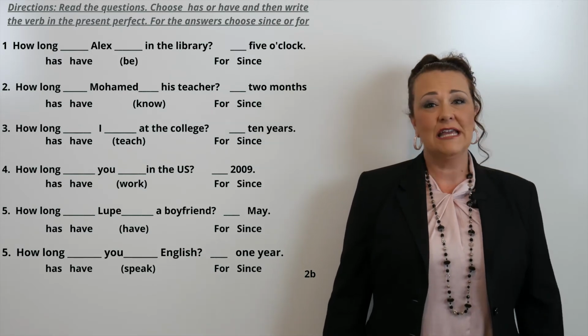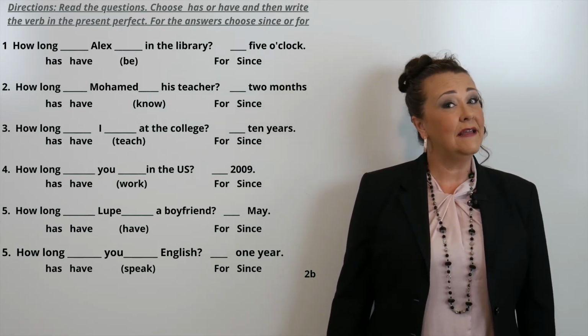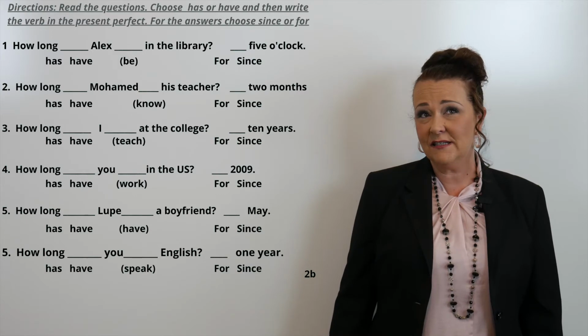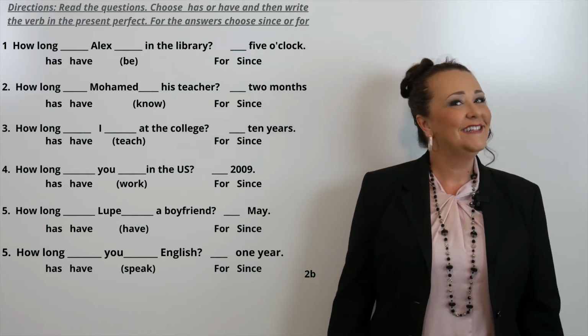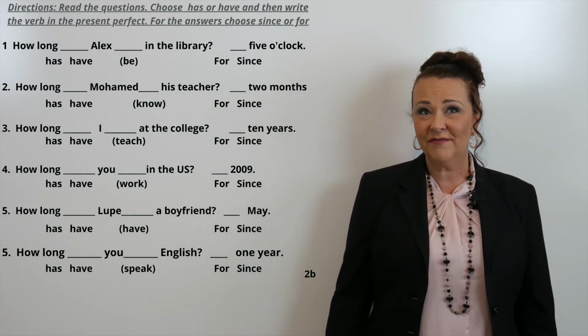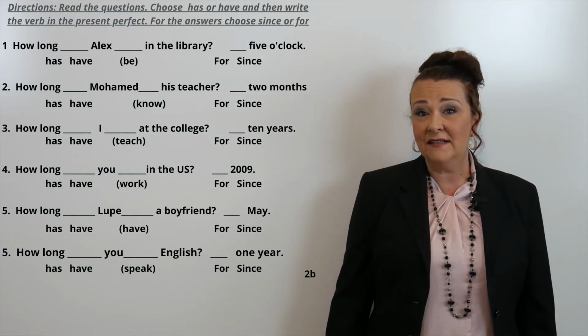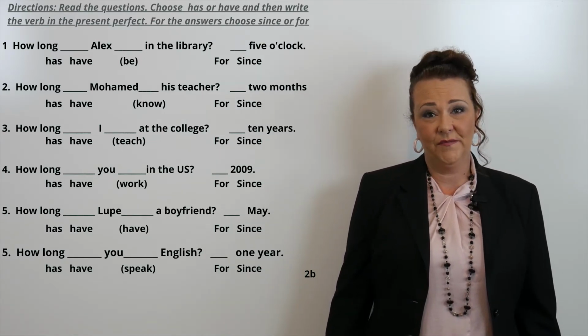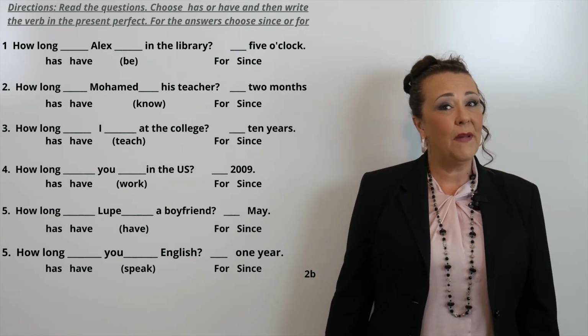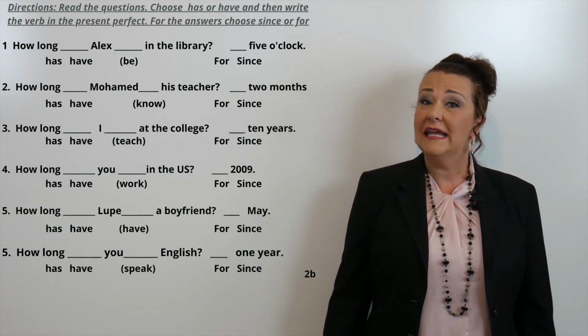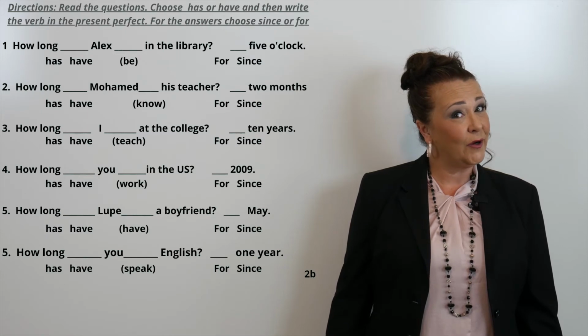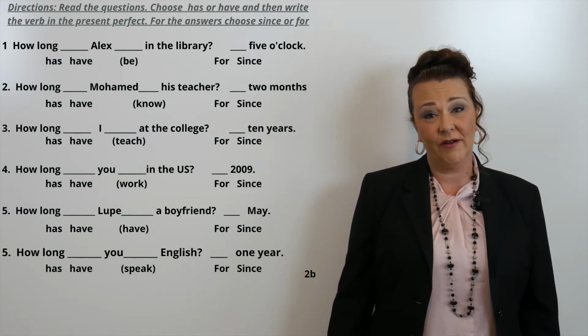The first thing that you need to do is either choose has or have, depending on the pronoun, and the verb in the past participle. So remember, the past participle can be regular verb or irregular.